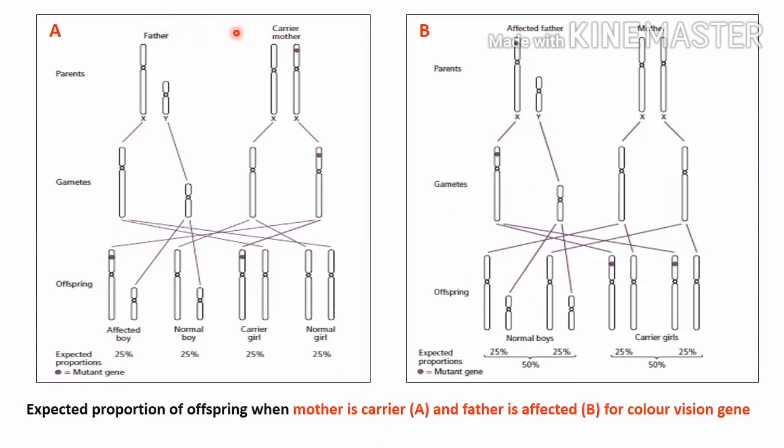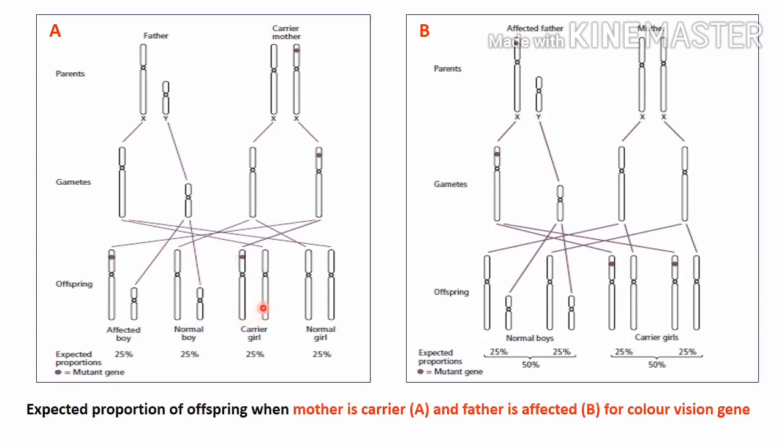So this is the X-linked recessive inheritance. We know that in X-linked recessive condition, the mother may be either a carrier or affected, and the father is either normal or affected. So what proportion of offspring will be produced when the mother is a carrier, as represented by figure A, and the father is normal? The mother contributes her X chromosome to her son, and as the son has only one X chromosome, this son will be affected, but the other son will be normal.